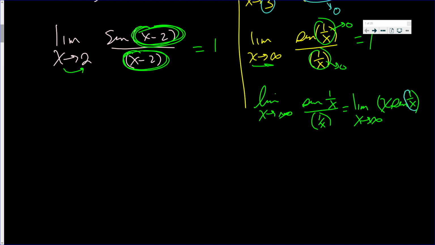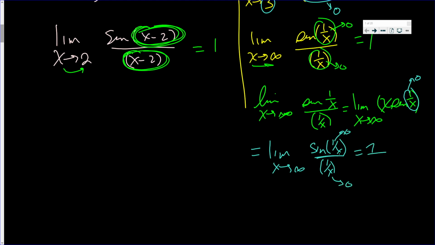When x goes to infinity, that goes to 0. So instead of multiplying by x, I'm going to divide by the reciprocal. Now, the angle and the denominator are the same. The sine of this angle is what I'm dividing by. We just said that goes to 0 and that's going to go to 0, so yeah, it's 1.